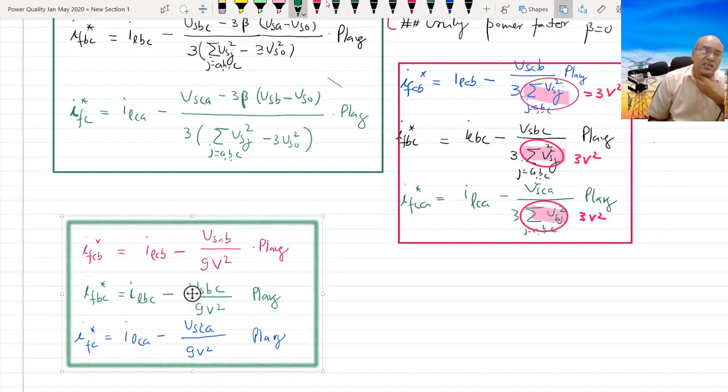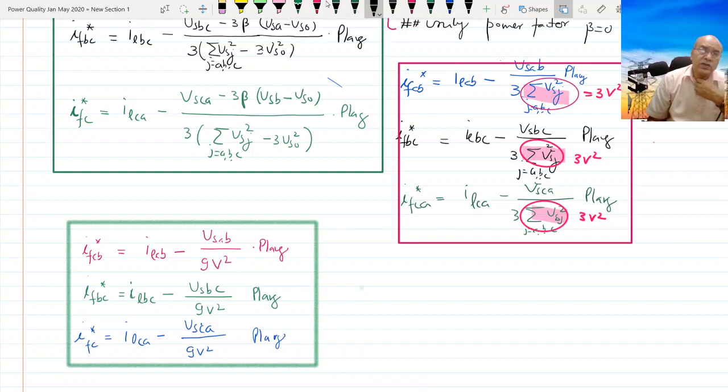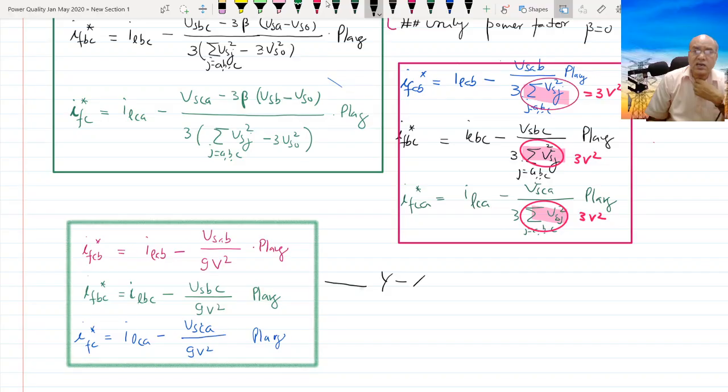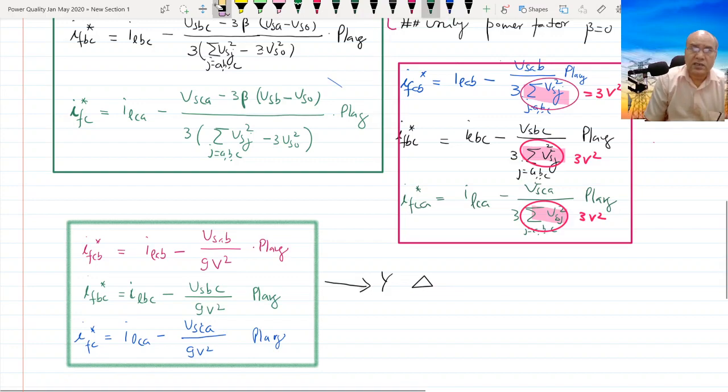What common sense says, if I compare this scheme with the previous scheme, it must be basically a star delta transformation. If the previous scheme is star, then this is delta, is it? If the previous scheme is star, then it is equivalent to a star to delta transformation.